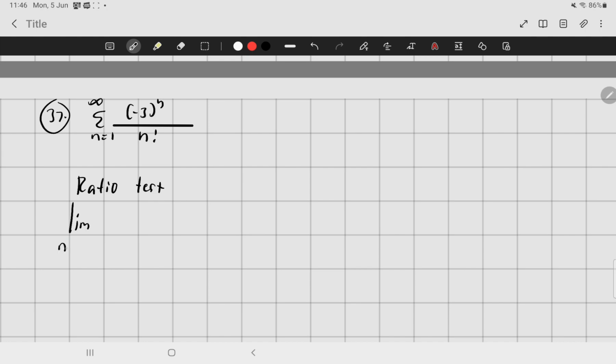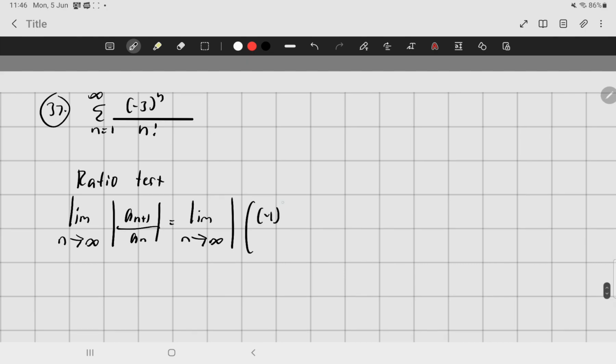As the limit as n approaches infinity of the absolute value of the next term over the first one, we have negative 1 to the power of n plus 1, and then 3 to the power of n plus 1, divided by n plus 1 times n factorial.